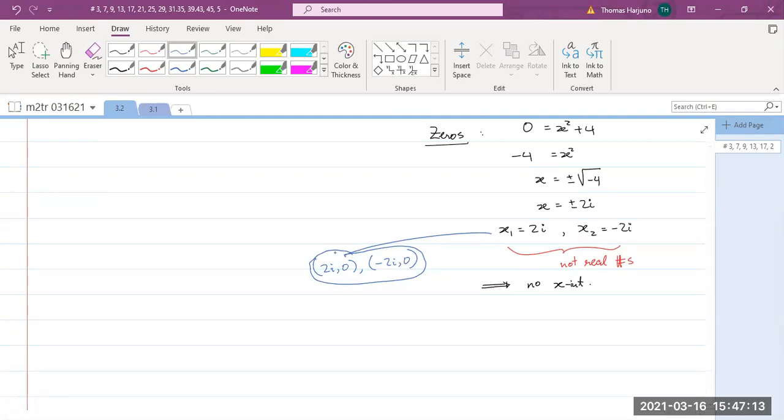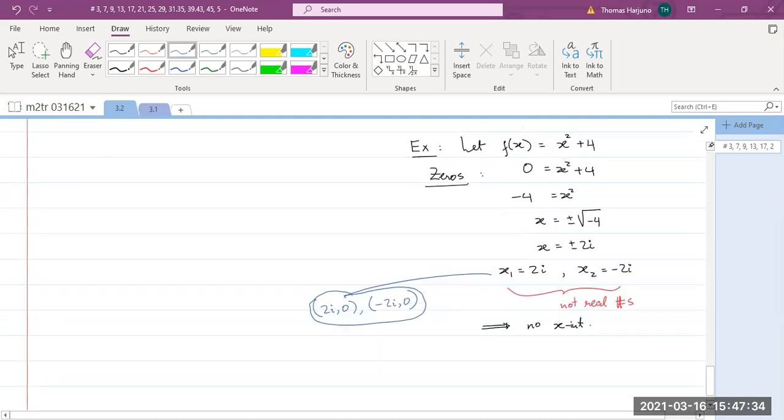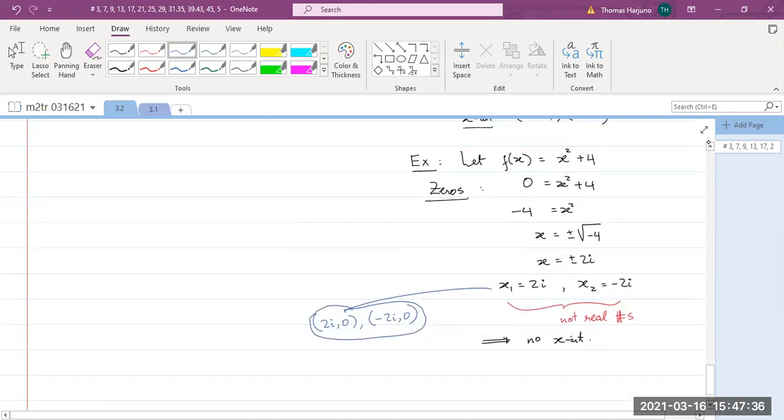Okay, I hope now you realize this is the last time I emphasize that when I ask you for x-intercepts, you need to write them as coordinates. Why? Because there's a big difference between zeros and x-intercepts. At least from a polynomial point of view, the number of zeros always equals the degree of the polynomial.